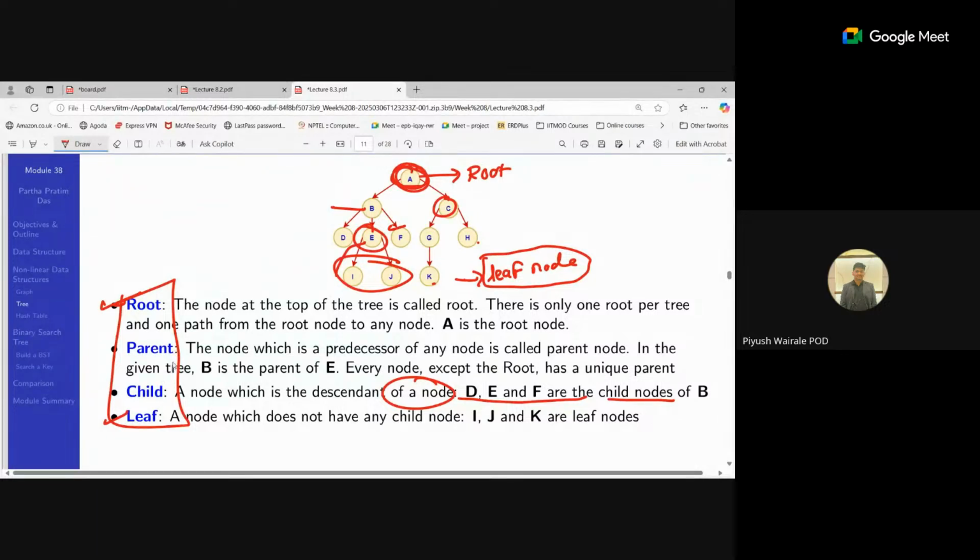Any doubt in the tree part? So are we going to use this in the physical or the logical part? No, here we are discussing how data is stored actually, the indexing part. In the schema, we are going to use data structures.